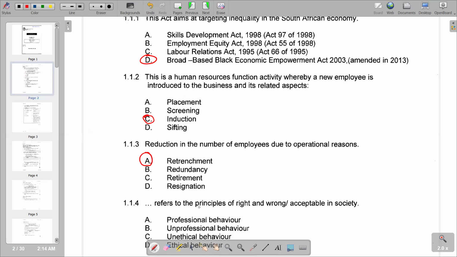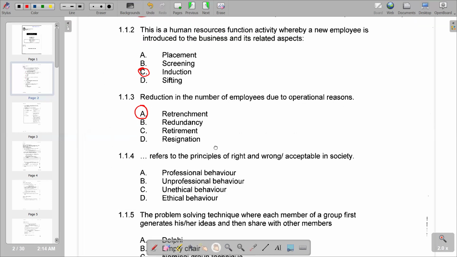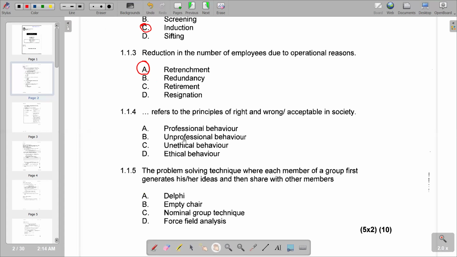Then 1.1.4. This refers to the principles of right and wrong acceptable in society. We are given different responses, professional behavior and ethical behavior.